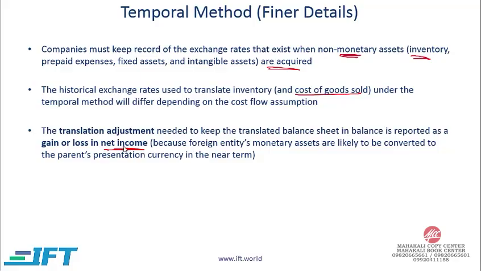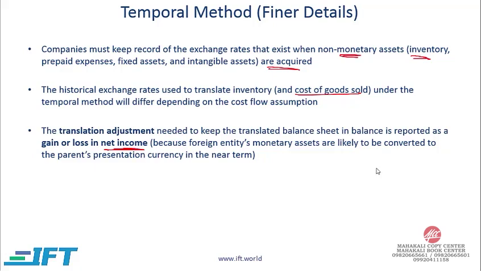I've already explained the reasoning behind the current rate method. With the temporal method, we are saying that the functional currency of the subsidiary is the same as the functional currency of the parent, or more precisely, the functional currency of the subsidiary is the same as the presentation currency of the parent.